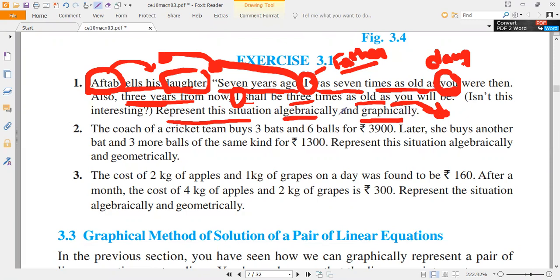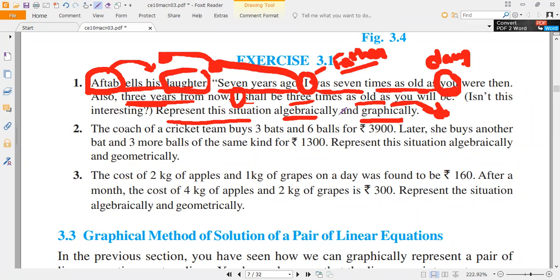Karthikeyan says he cannot understand the second statement. Listen first. Suppose you and your father. Your father is saying to you two statements. The first statement is that 7 years before, means 7 years ago, his age was 7 times as old as you were.